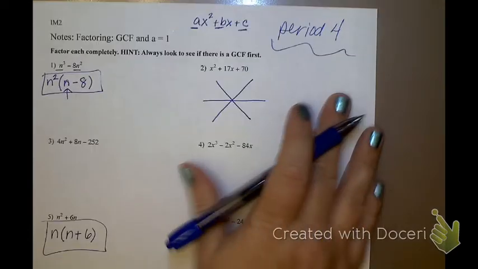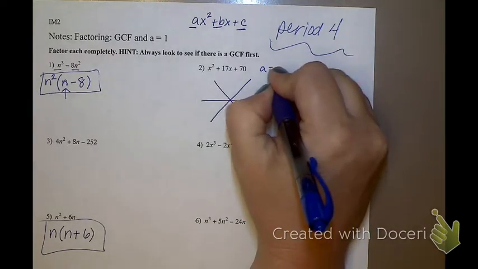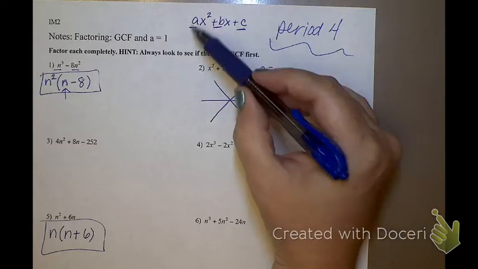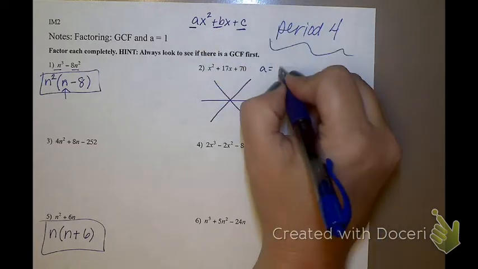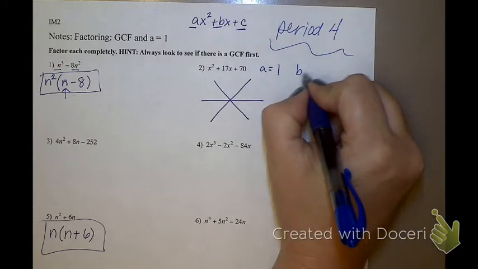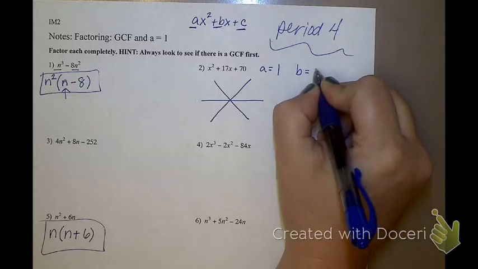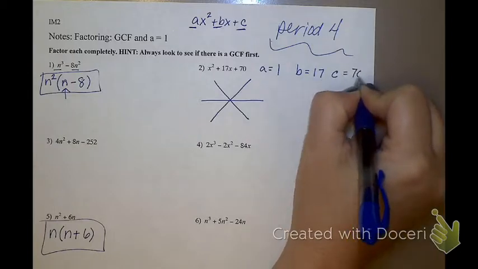Okay, so in this particular equation, what would you say a is? It's what's in front of the x squared. So in this case, it would be 1. Nothing's written there, so it's a 1. What would you say b is? 17. And c is 70.